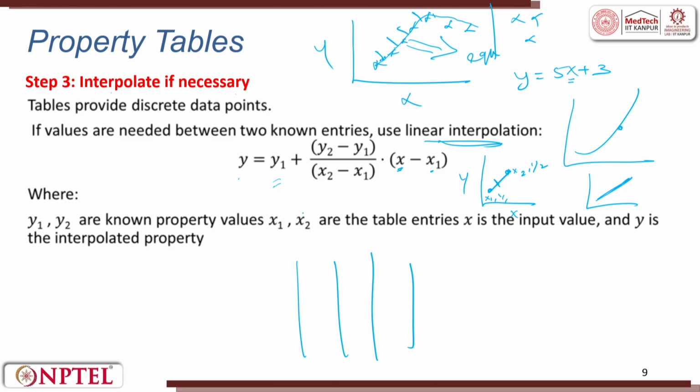So, finally, what you get is a point called y. Now from y you can also find x. Here y1, y2 are known property values, x1, x2 are the table entry data. In the tables, x is the input value and y is the interpolated property.